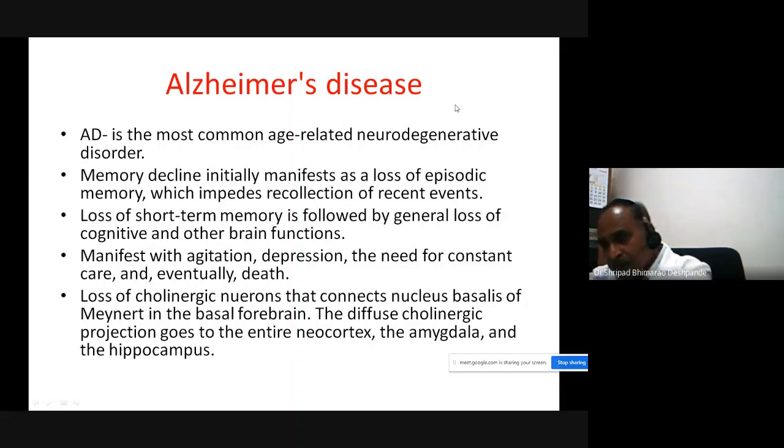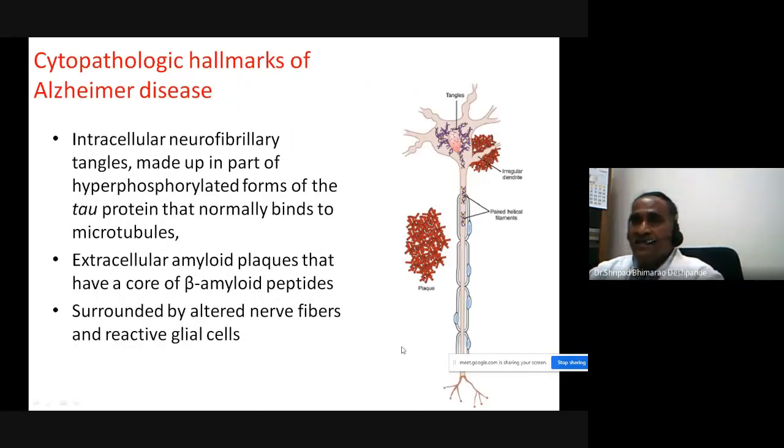Maybe with your elders, your great grandmother or someone like that, they may be trying to recall you, and you say that you are the daughter or son of somebody. Then she will not be able to recall, and suddenly she may recall, and again she may ask, and keep on doing like that. Now, what is the problem in Alzheimer's disease?